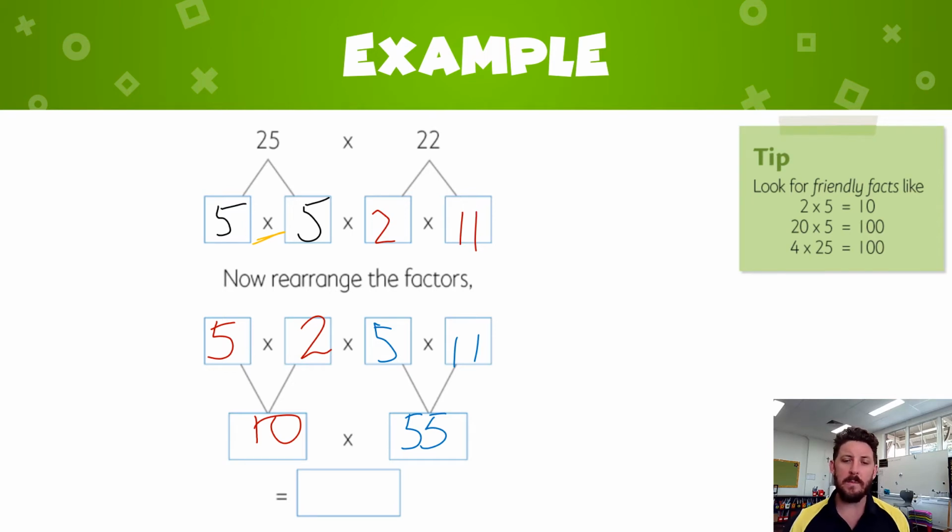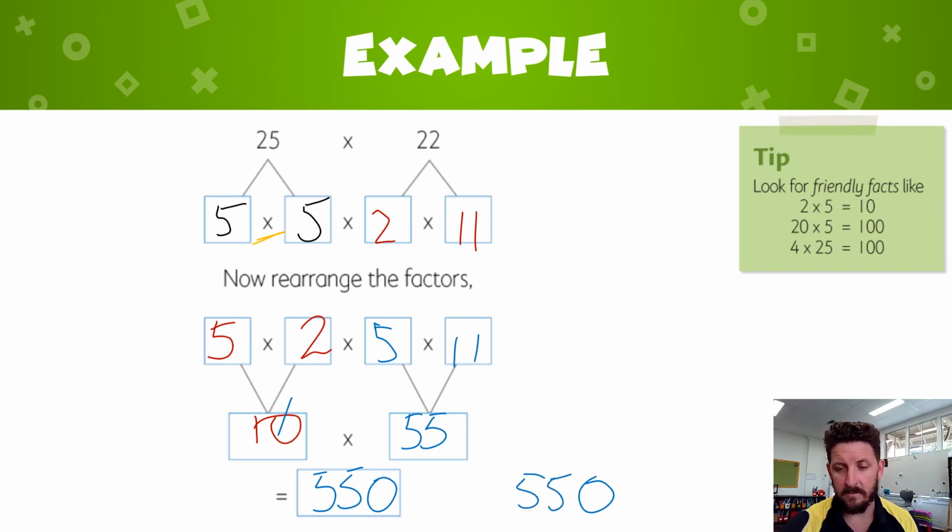Because I know when I multiply any number by 10, I just add a 0 on the end. So I'm going to put down my 55, and I'm going to put my 0 on the end. So I've got 550. Another way that you could do that, and I like to do this as well, is whenever you're multiplying with 0, you cross out the 0, put that to the answer, and then you multiply what's left. 1 times 55, which is 55. Alright, so the answer there is 550.